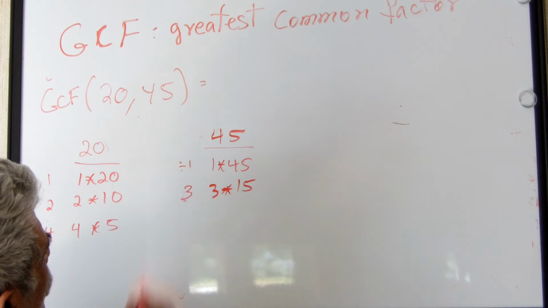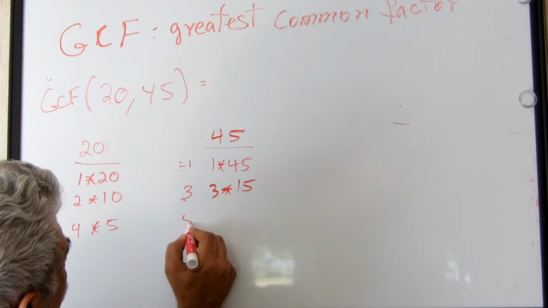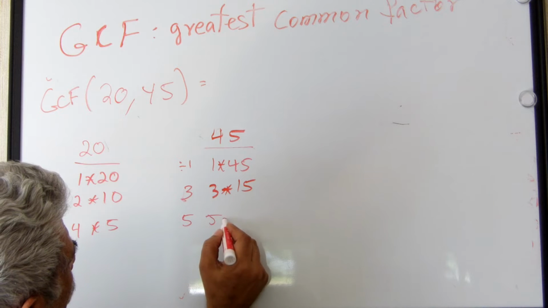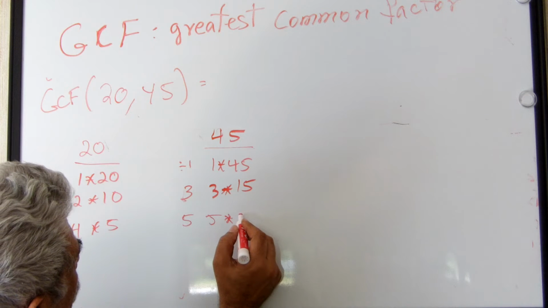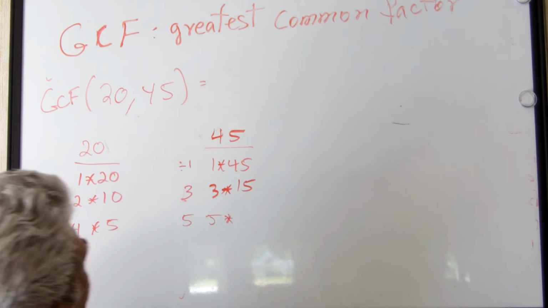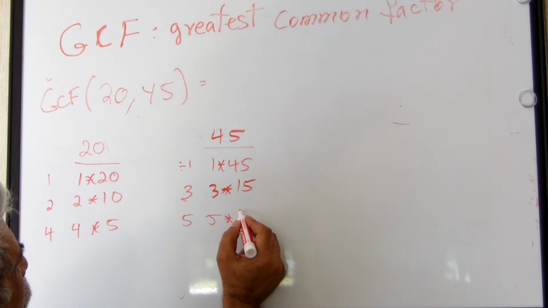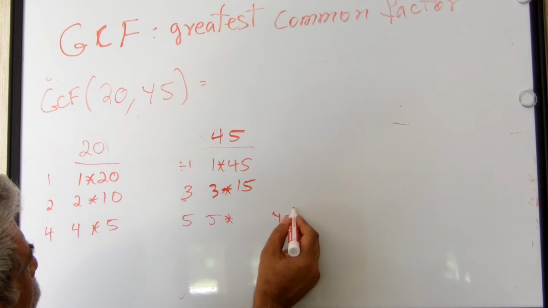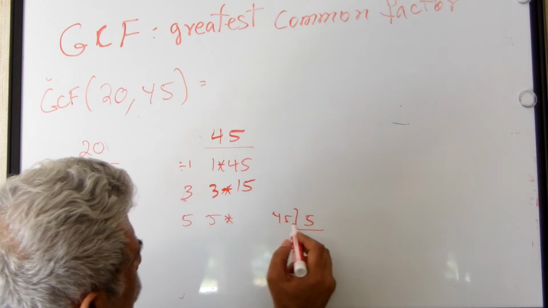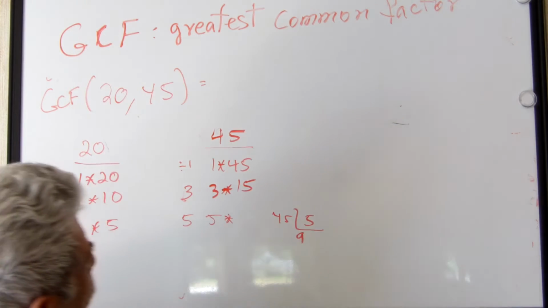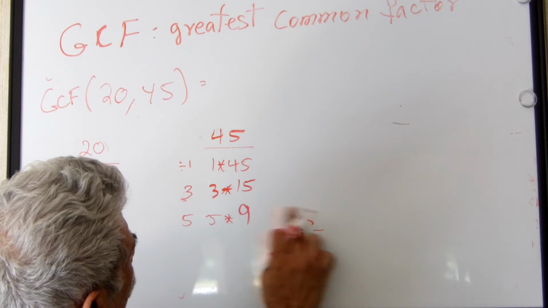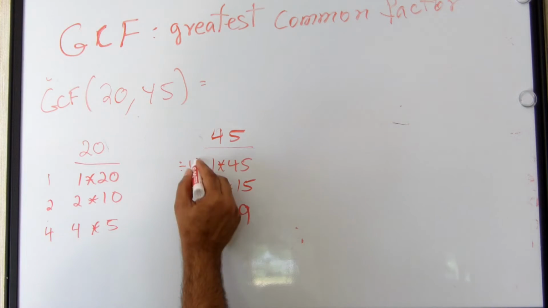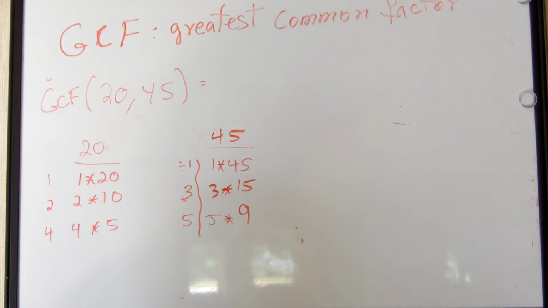And then we cannot divide by 4, but we can divide by 5. 5 times 9, it's going to be 9. And you cannot do 6, 7, 8, 9, 10.